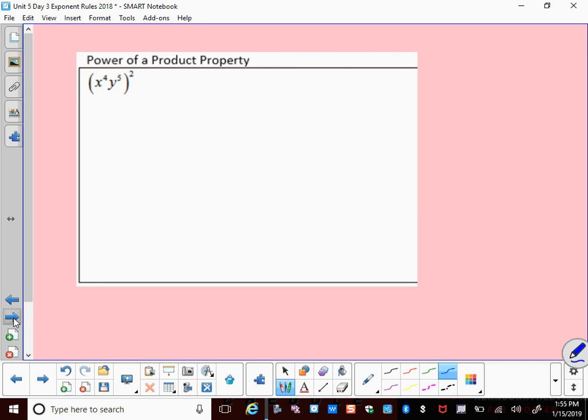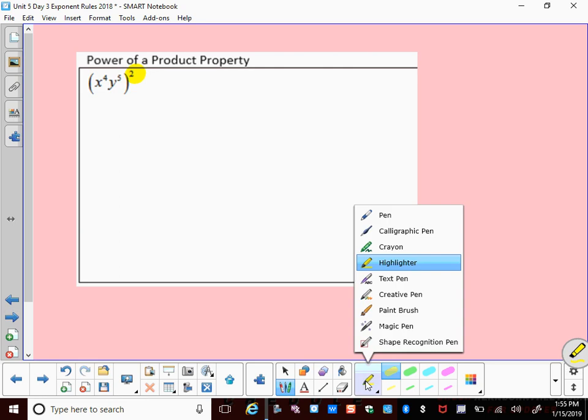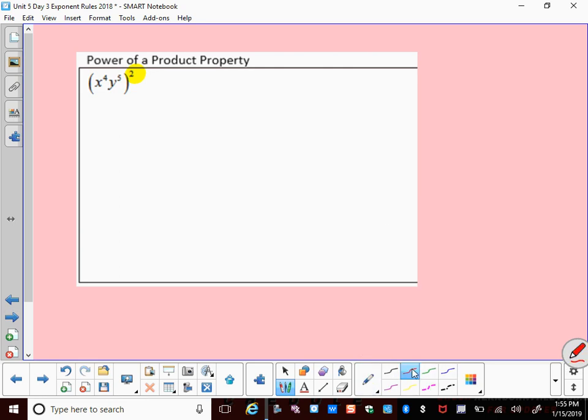All right, my exponent in this case is the 2. Everything is going to get a 2, my x and my y. Do we see how this is going to be power to a power? Okay, so I can go ahead and write x. My power on x is 4. So what do I do with 4 and 2?